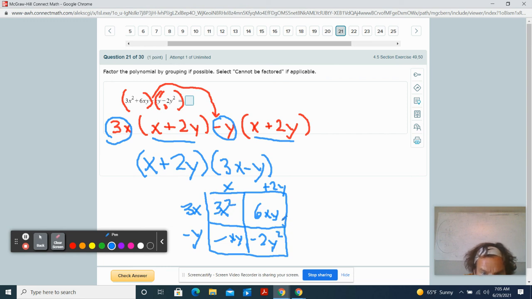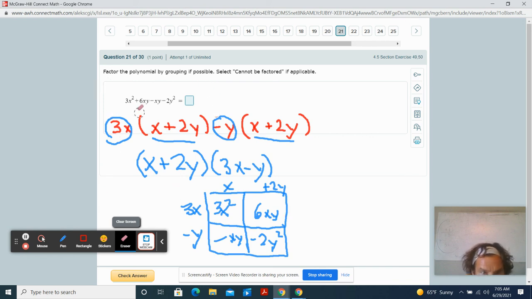These four terms are the same four terms as you have here. It's the same four terms. So you're not doing any solving. What you're doing is you're writing a problem a different way, and it's called factoring.